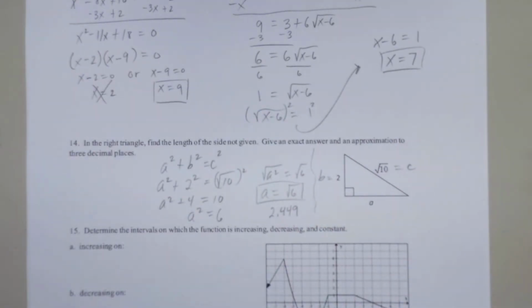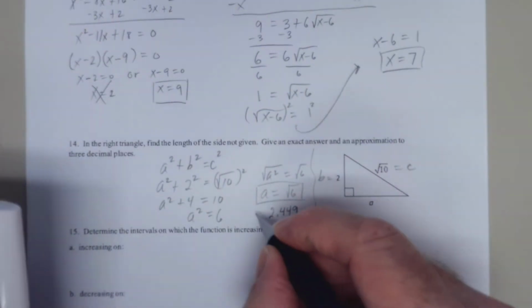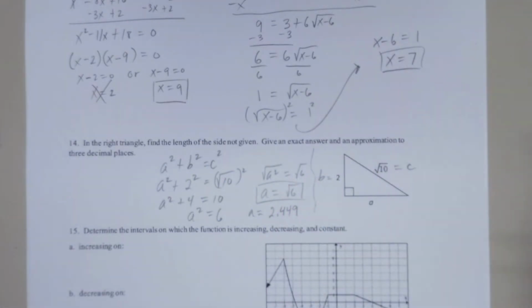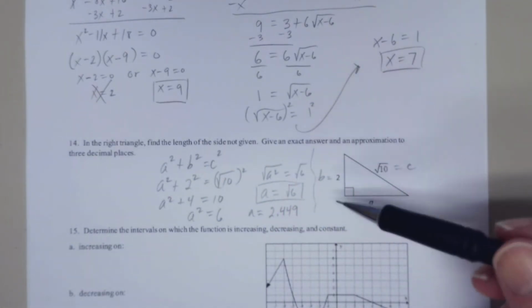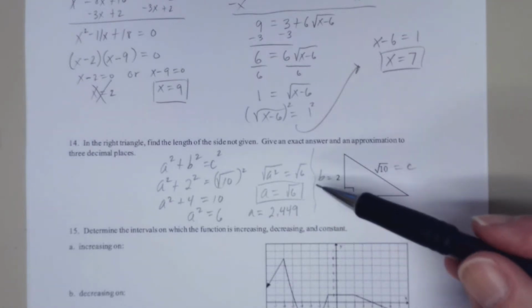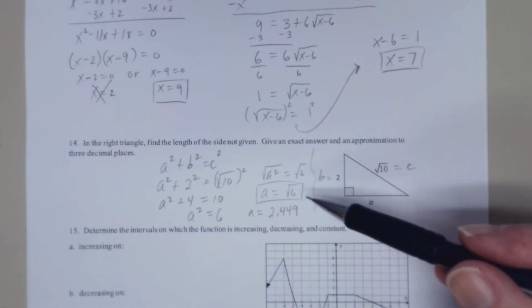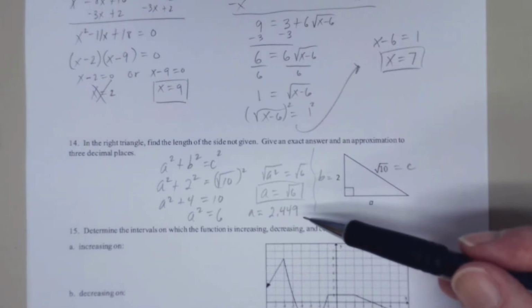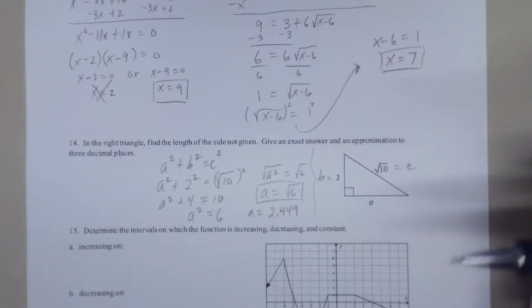That's to 3 decimal places. So that would be our answer written as a decimal. And in a word problem like this, sometimes it makes more sense to have that number. I mean, square root of 6 is not a number that just jumps out at you, but I know what 2.449 is. It's just about 2.5.